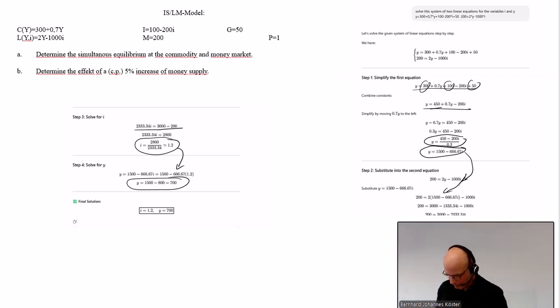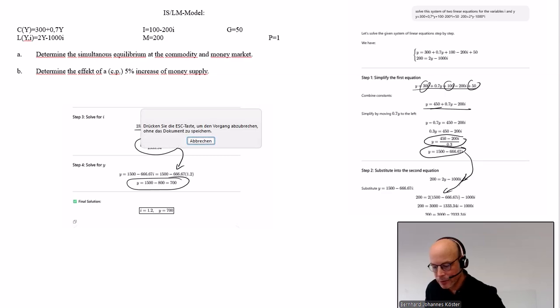Then we end up, this seems also right, solving for I and then feeding in I in our other equation, and we end up at Y equals 700. So that it was.